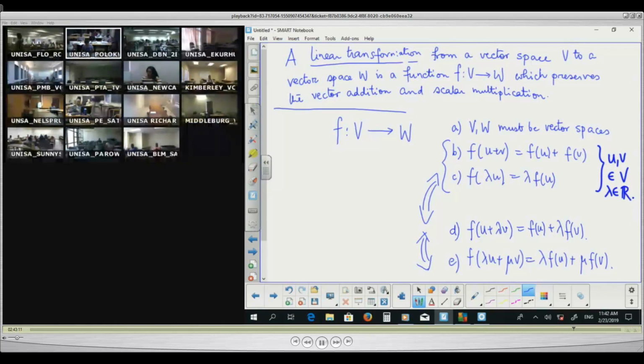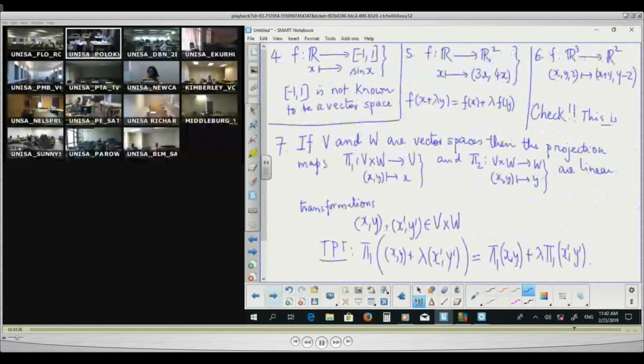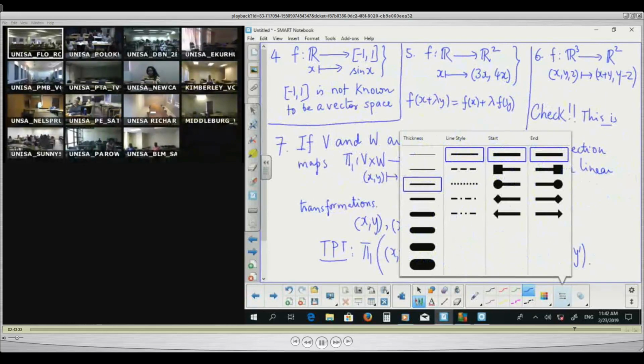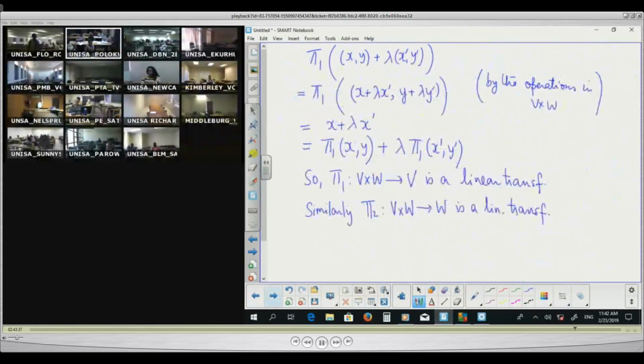So this is my second last question, under number 7. There's the next page. There is pi 1. It's the first line, then the second line, then the third line.